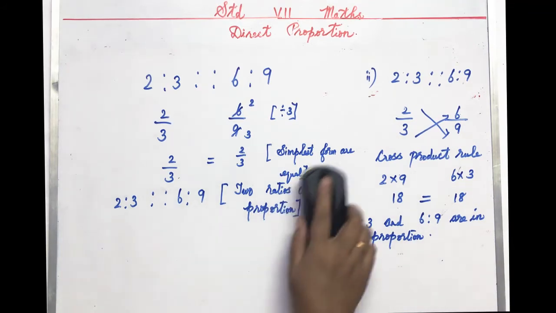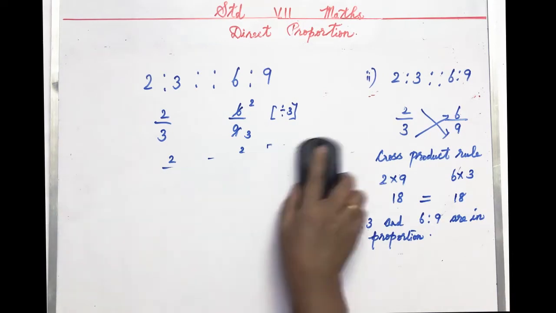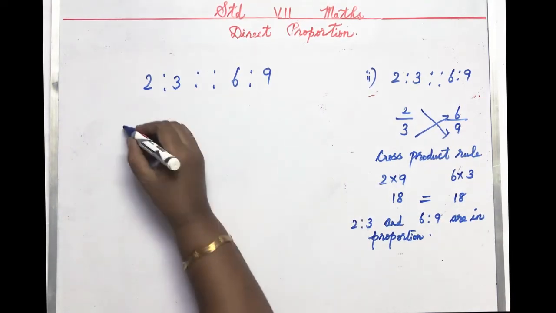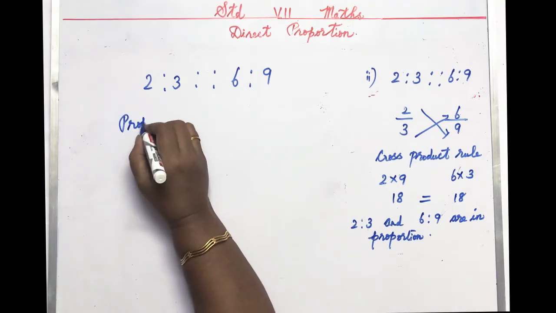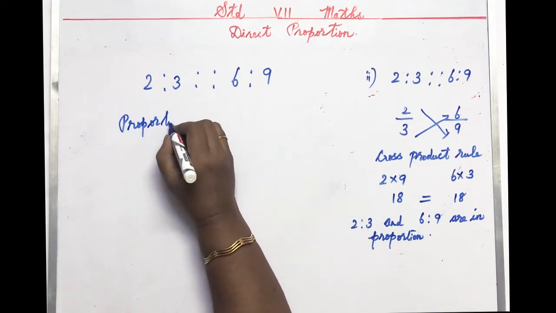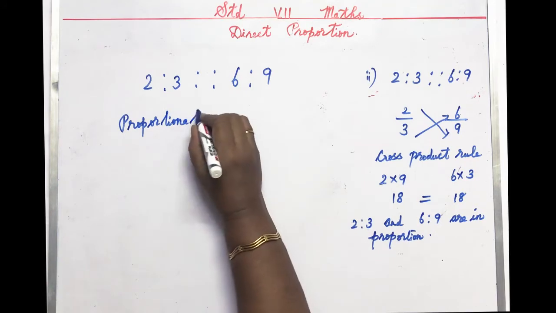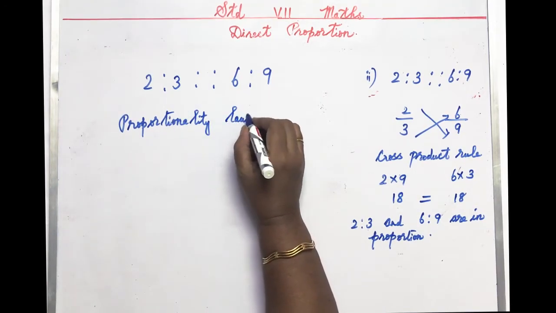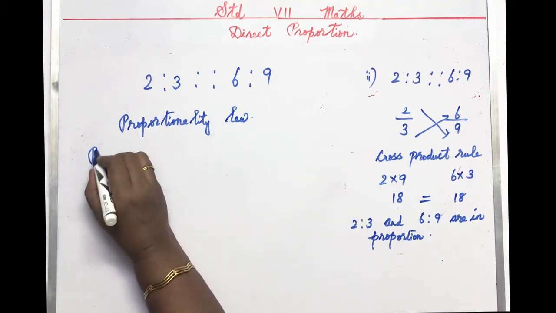Now the third method is the proportionality law. What is the proportionality law?